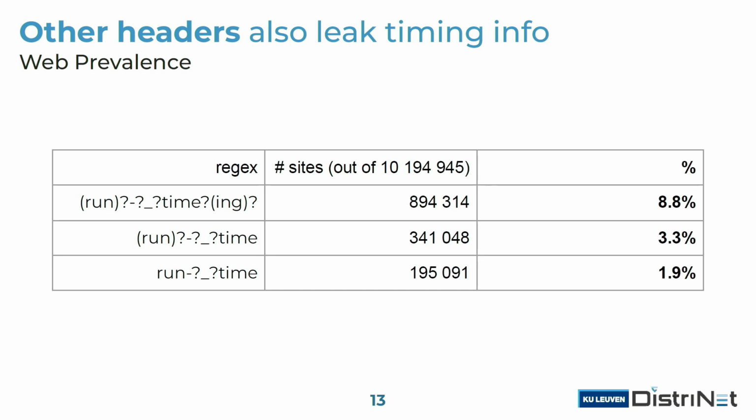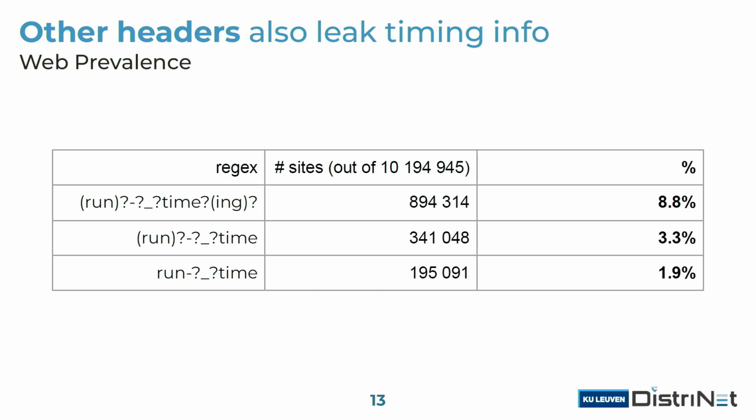And we see that almost 2% of the websites we test, so this is again from the HTTP Archive database, actually returns a header that is called runtime. So I think this is really high. And if you go and look at the data, you do some manual inspection, we see that some of these headers actually include timing information that is accurate down to a microsecond.